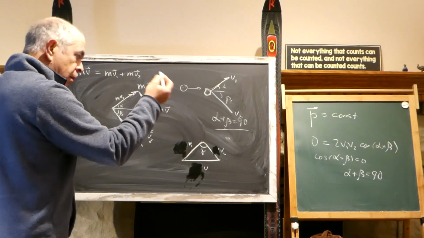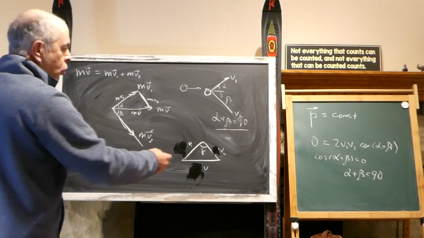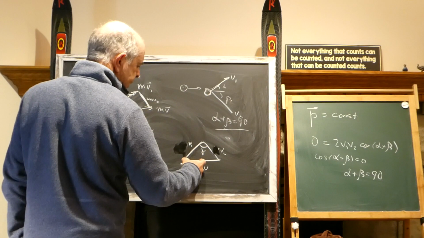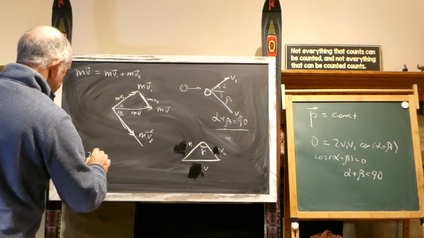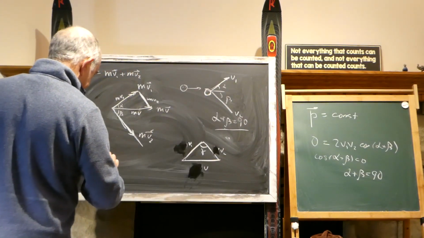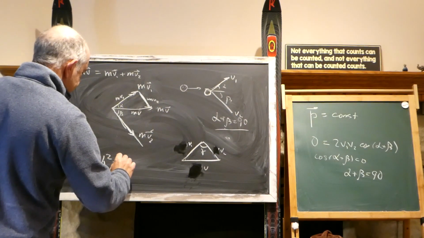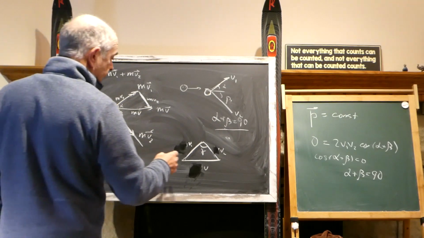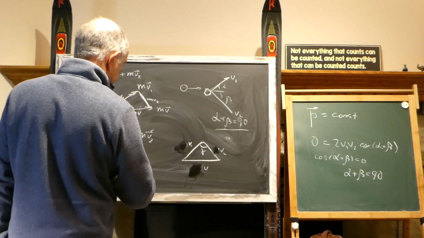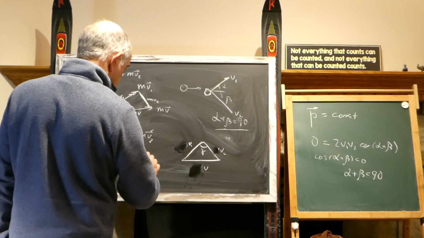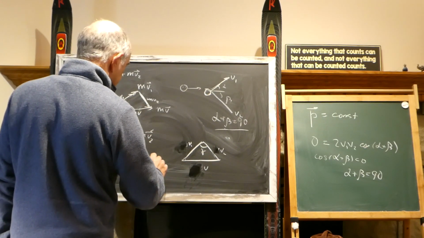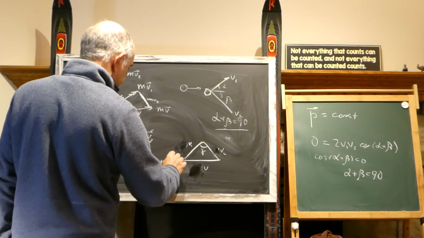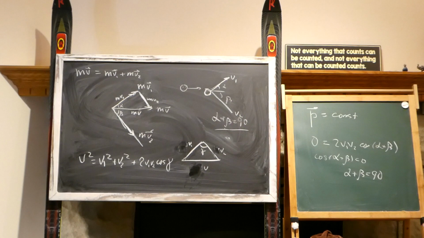And then I can write down the cosine law for this triangle. The cosine law says that this side, v squared, equals one side squared plus another side squared, and it's already very familiar, right? Plus 2 v1 v2 cosine gamma, right?